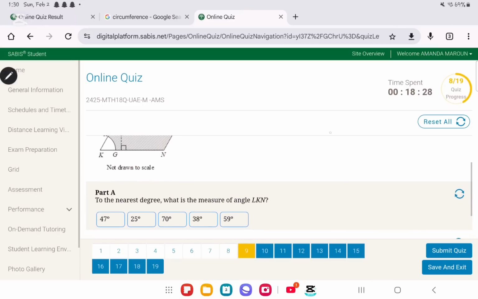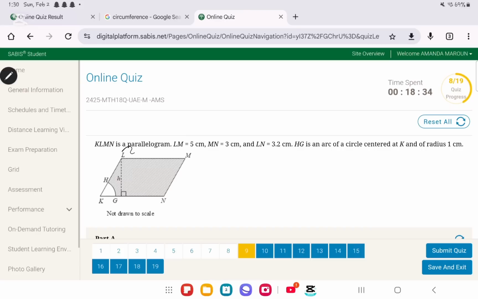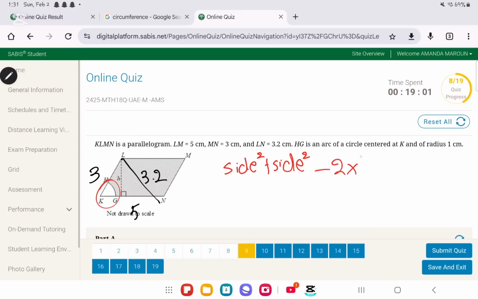In the first question, they asked us to find the measure of the angle LKN. First of all, you know that this is 3.2, this is 3 and this is 5. To find this angle, we can apply the cosine rule. The cosine rule usually states side squared plus side squared minus 2 times side times side times cosine of the angle in between them.